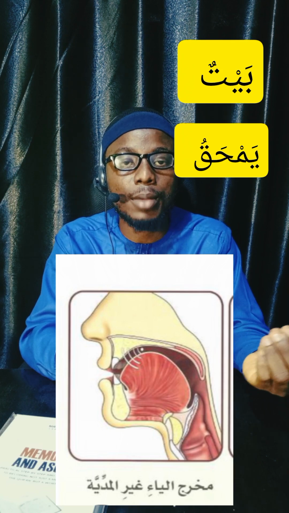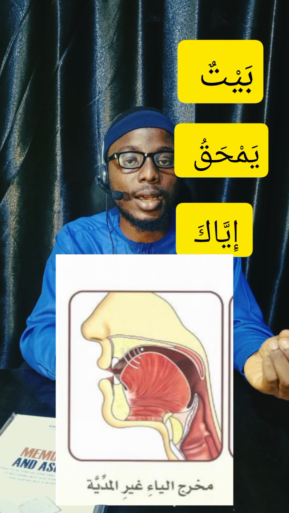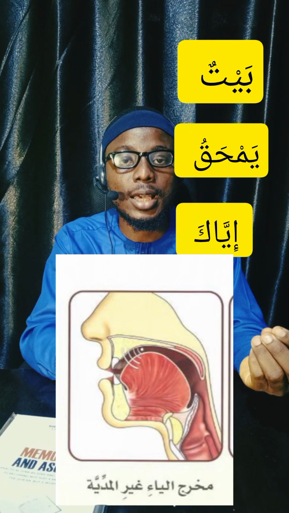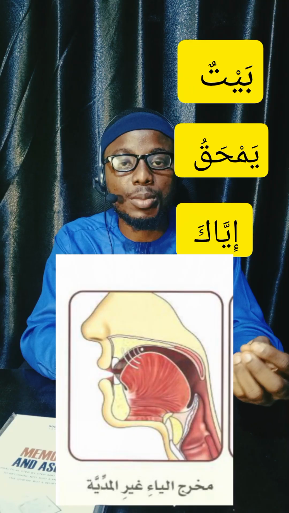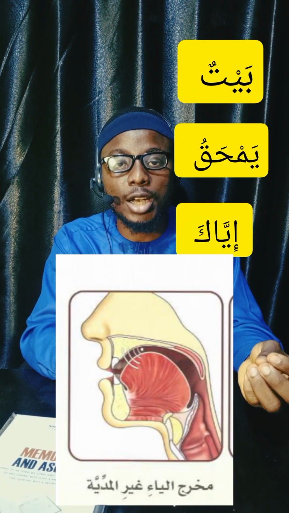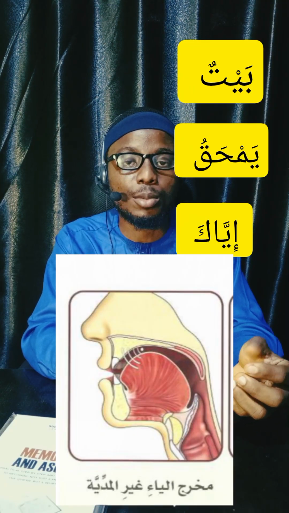Iyyaka na'budu, iyya. So it is not ijja, which would sound like Jim. Some people say ijjaka na'budu. That's wrong. Iyyaka na'budu. Do you understand? When it takes dhamma, we have Yunus, you. So we have basically ya, yi, you. As simple as that.